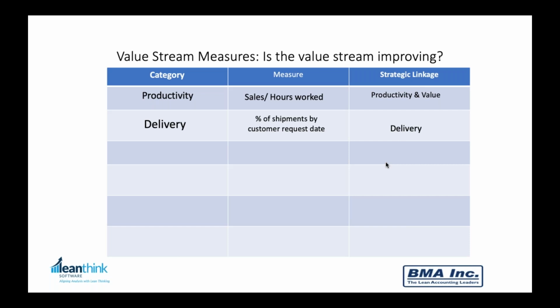Delivery, everybody measures on-time delivery. The question is, are you measuring it to customer request date or to promise date? Many companies I've worked in over the years look at it both ways. Obviously, the promise date, you get a very good performance measure. Customer request date might be a little bit less than desirable.